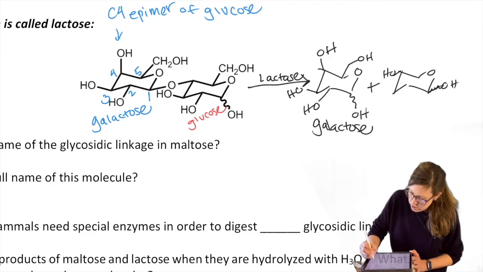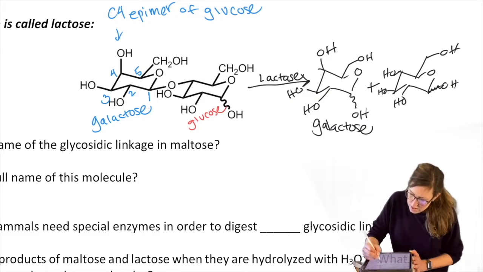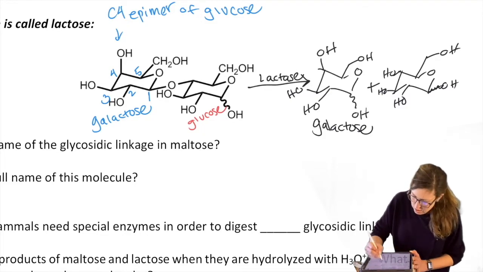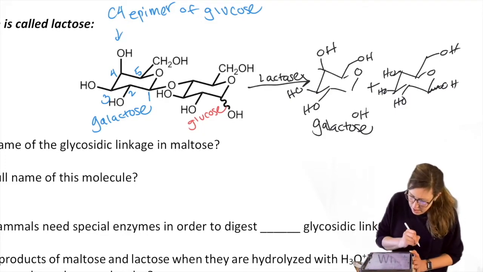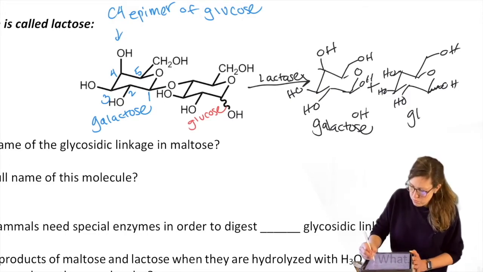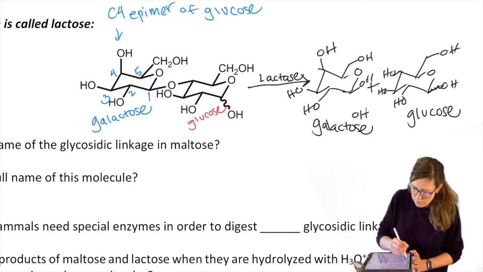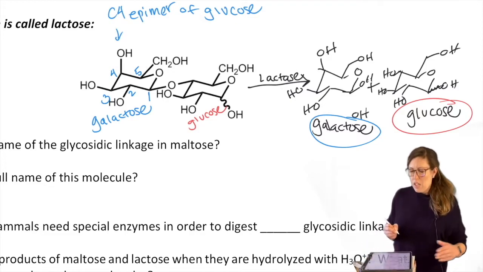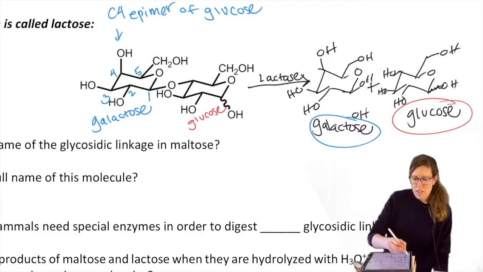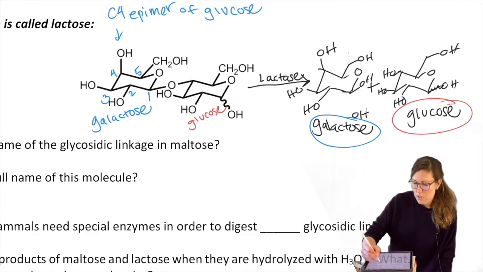Notice it was actually a squiggly line there too. Now I did this galactose as a squiggly line, but it actually wasn't correct because it was predefined as equatorial when it made its connection. So I'll fix that one. All right, so I'm going to circle that in blue because that was in blue and this one was in red. So lactase comes along and snips it in just that one spot. Those go off and get used by the body.